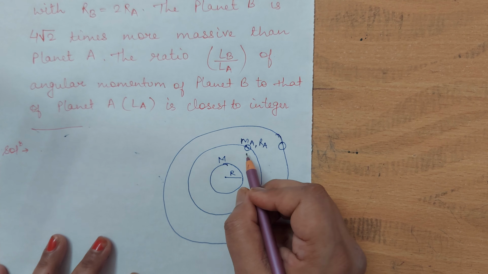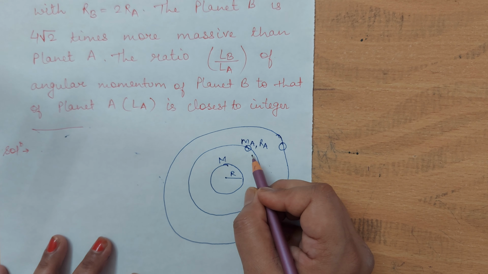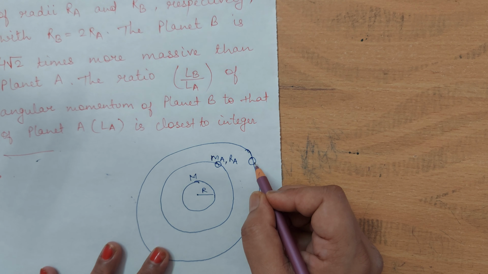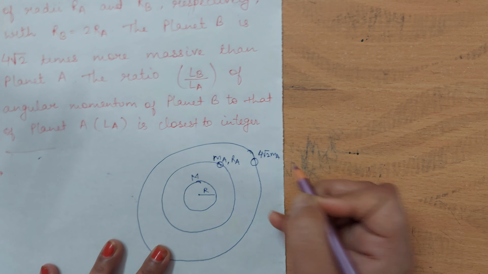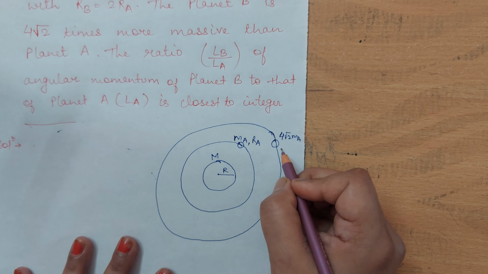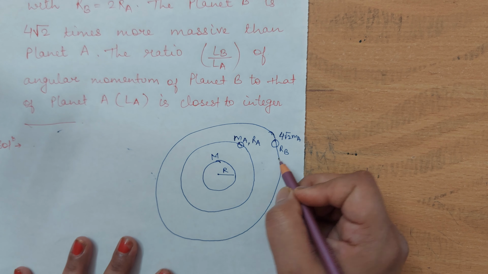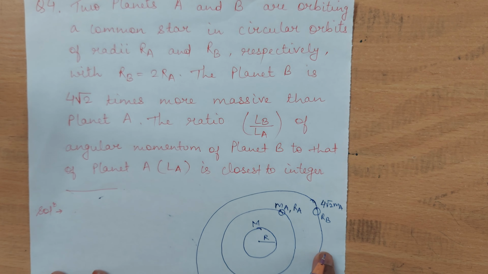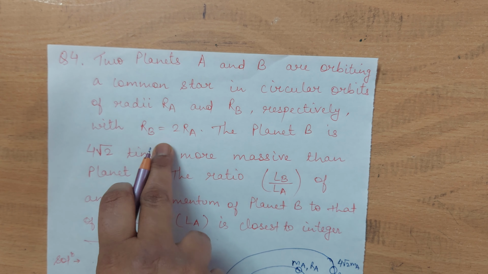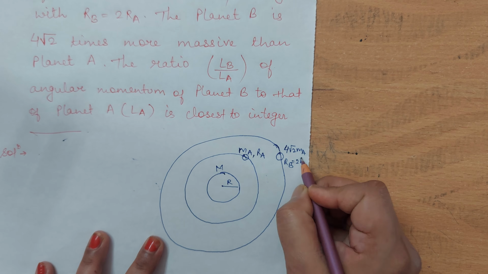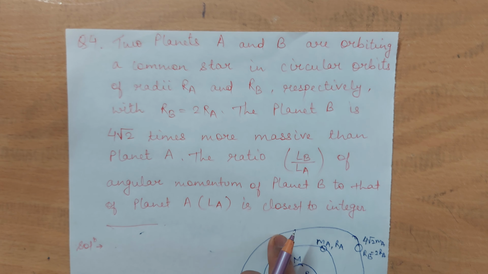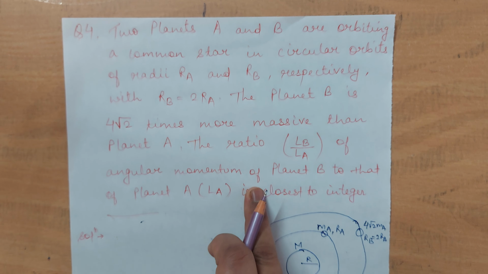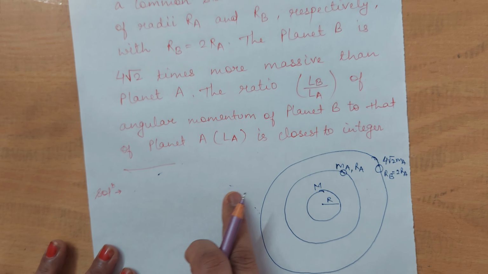So if Ma represents the mass of planet A, then the mass of planet B will be 4√2 Ma. Also the radius of planet B is equal to 2Ra. These are the information given in this question, and we have to find the ratio of the angular momentum of planet B to that of planet A.